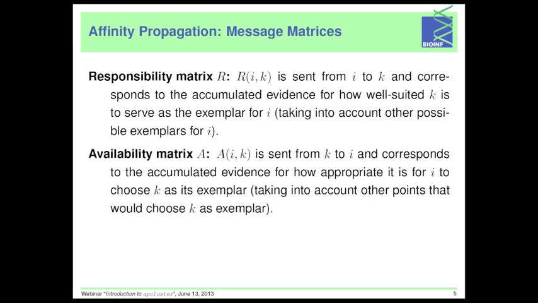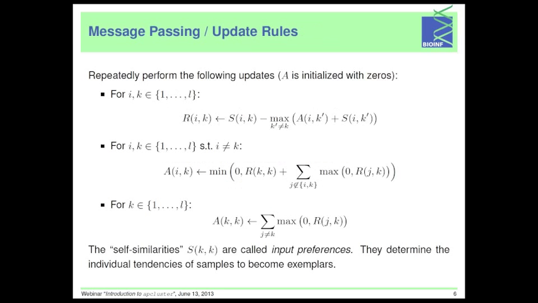The availability matrix is something that is dual to it. So it's the evidence for how appropriate it is for i to choose k as its exemplar, but this time the other way around, taking into account other points that would choose k as exemplar. So we have those two matrices for all i and all k, where i and k go from 1 to the number of samples, and these are really very simple update rules. They're just 3 lines.